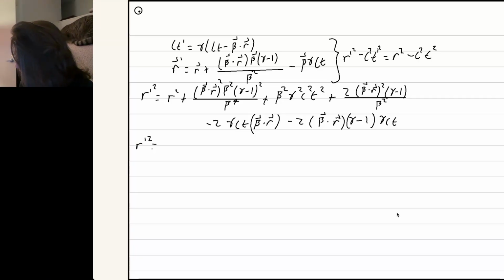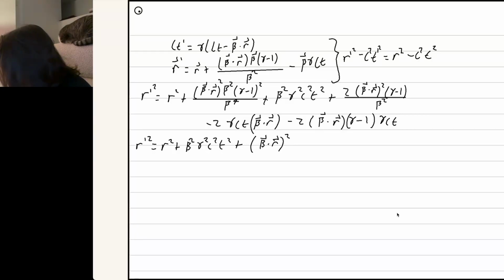So r prime squared is r squared plus beta squared gamma squared c squared t squared, plus the beta dot r squared terms first, which include (gamma minus 1) squared over beta squared and 2 (gamma minus 1) over beta squared.